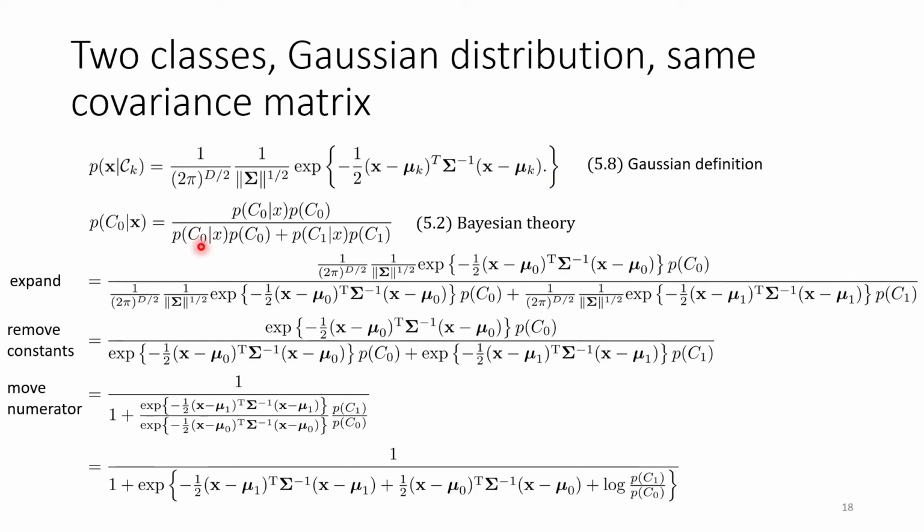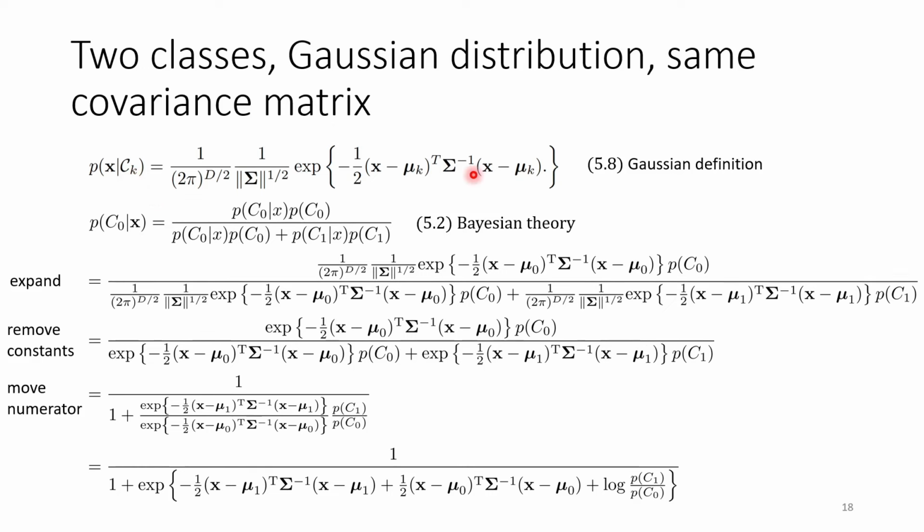For another case, if they are Gaussian distributions and they share the same covariance matrix, then the probability of the two-class classification problem can be expressed in this form.